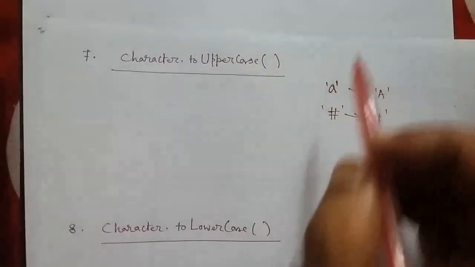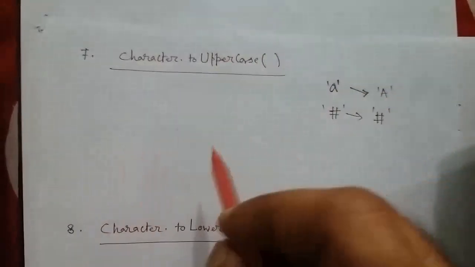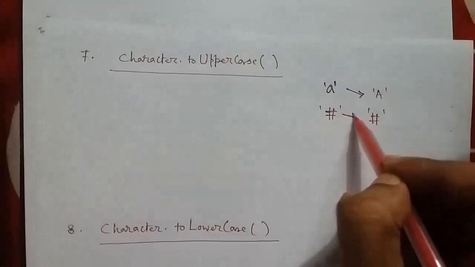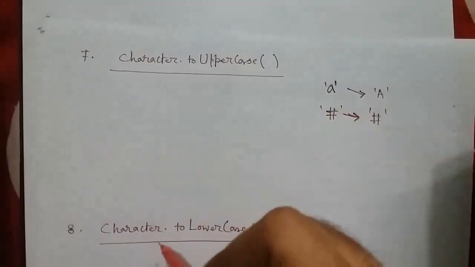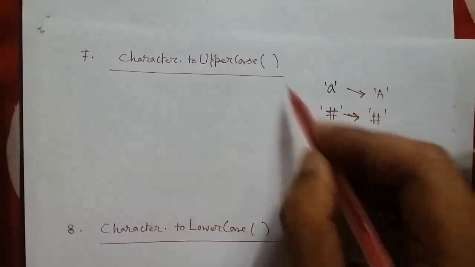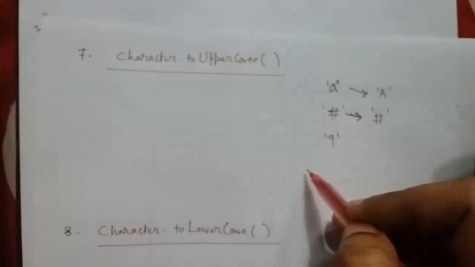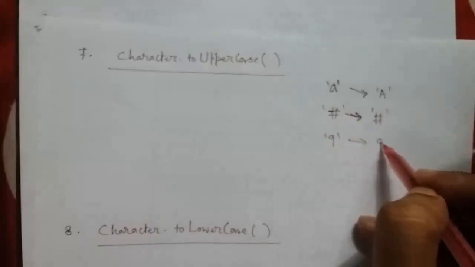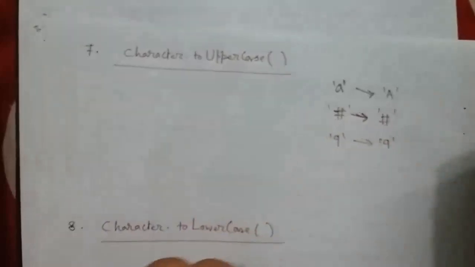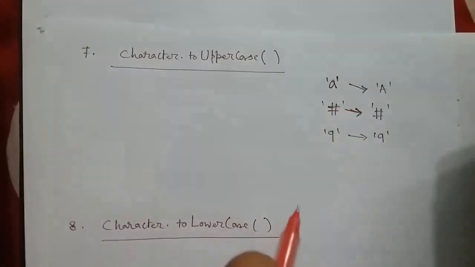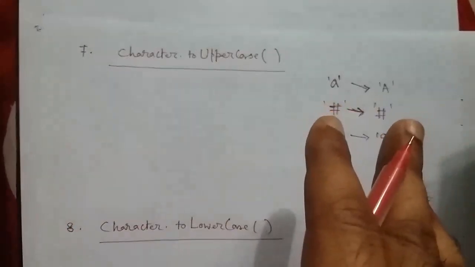If the given argument is not a letter, then it will return the same character which was given as argument. If we give the character 9 here, then it will return the character 9, the same thing. Because for special characters and digit characters there is no case.